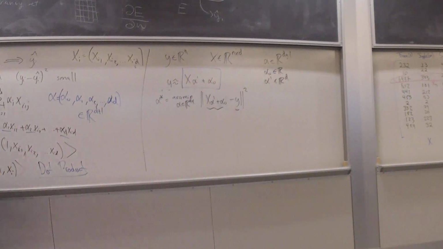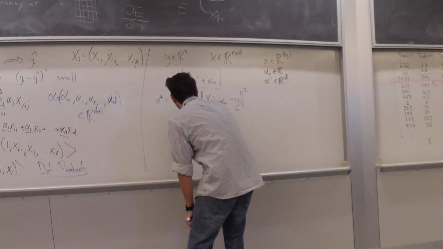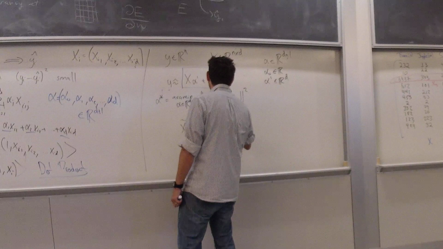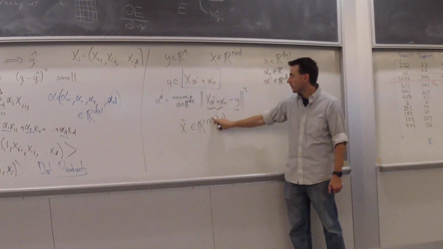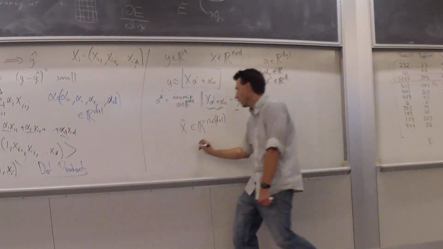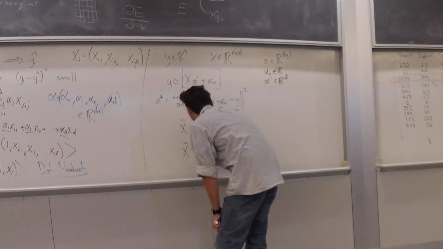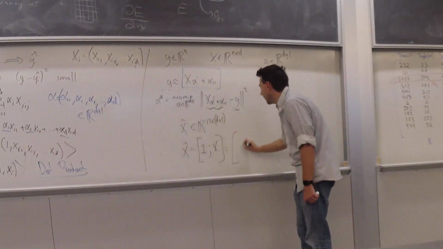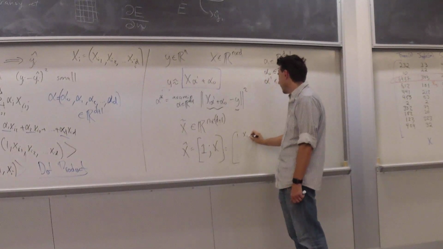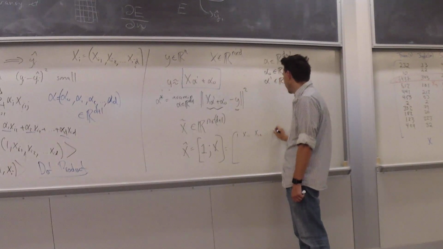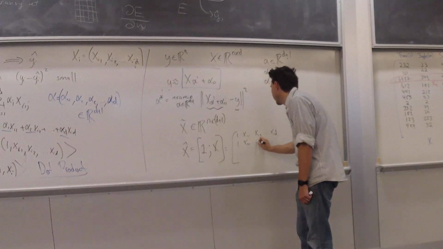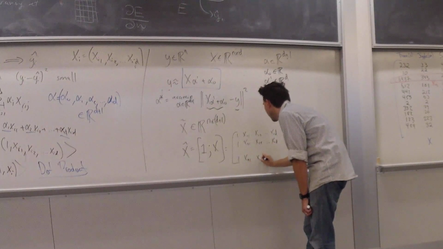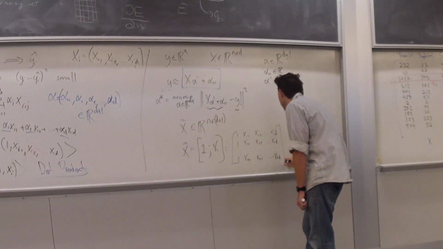Okay? So typically, I'm going to define a matrix x tilde, which is an n by d plus 1 matrix, and x tilde is going to be equal to the all 1 vector, then x11, x12, x1d; 1, x21, x22, x2d; up to 1, xn1, and so on to xnd.